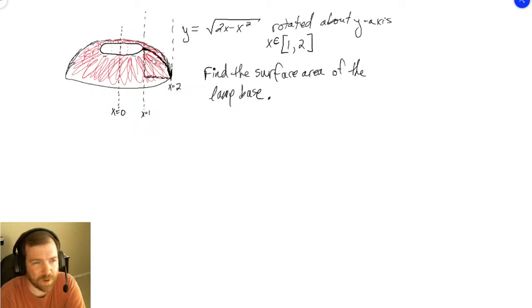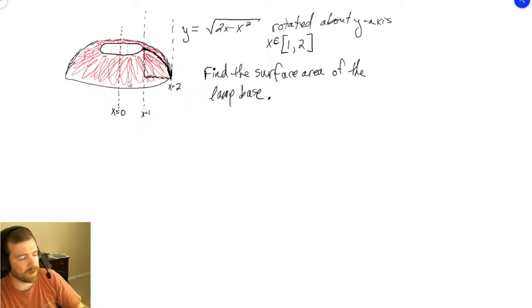All right. So without looking, this is always the fun part, right? Without looking at the integral formula, we should be able to build it out from what we have here.